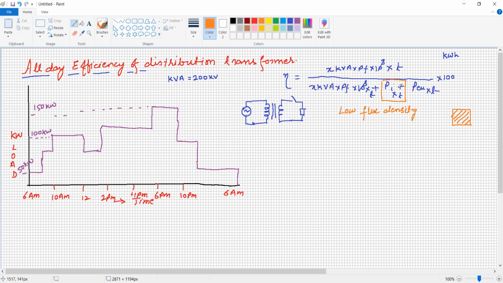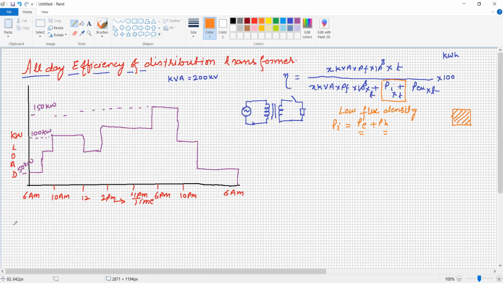It will give more iron losses, because the iron loss Pi, which is the combination of eddy current loss and hysteresis loss, both depend upon the flux density. So if the transformer is designed at a higher flux density, its all-day efficiency is smaller, and the transformer designed at low flux density has a higher all-day efficiency.